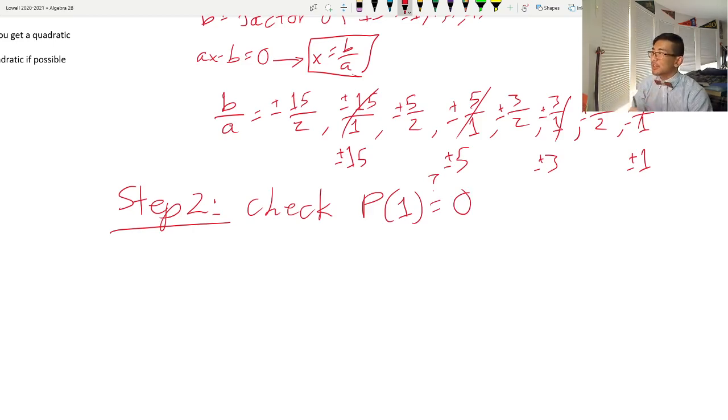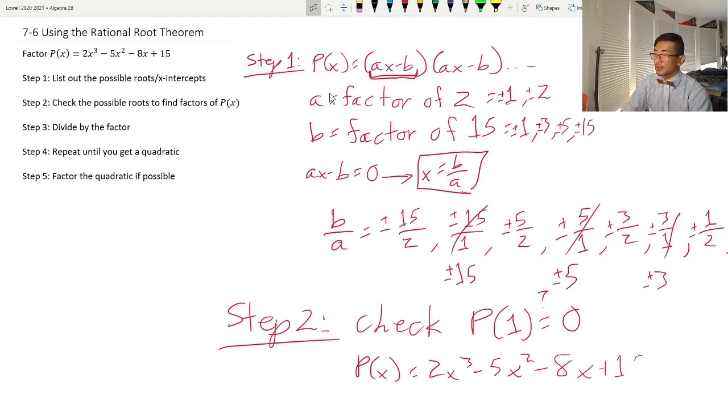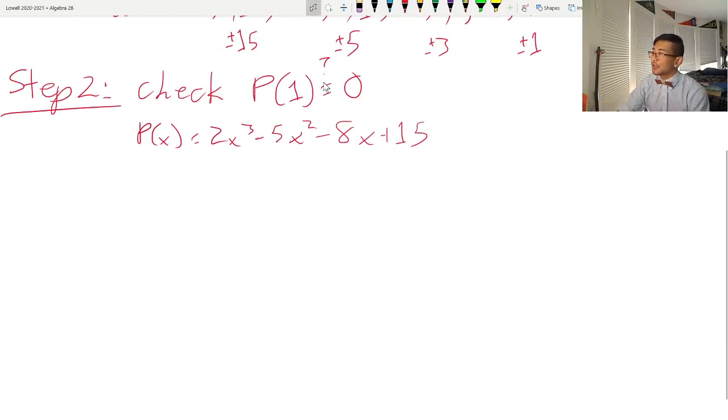Okay, so let's do this. Let's remind ourselves what our function is. P of x is equal to 2x cubed minus 5x squared minus 8x plus 15. Okay, so let's actually check this. So P of 1. The nice thing about plugging in 1 is that all the powers of x are just 1, and so you can kind of ignore them.